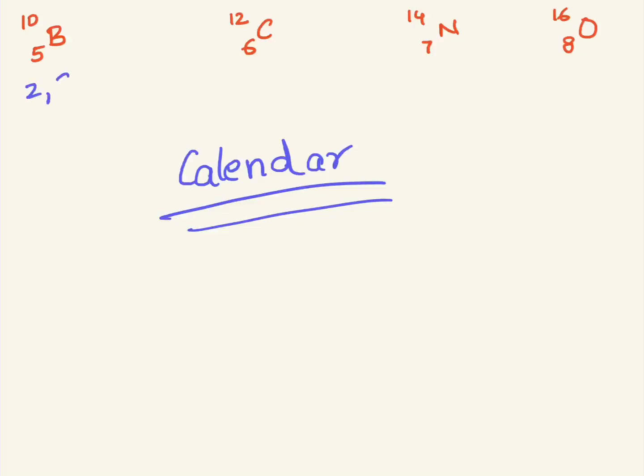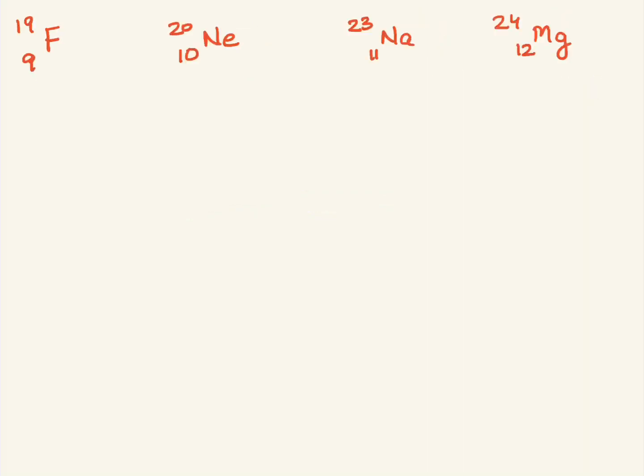So boron, carbon, nitrogen, oxygen, go ahead, fluorine, neon, sodium. Yes, in the case of sodium, please be careful not to write 2 and 9 because the maximum capacity of the second orbit is 8. So it's 2, 8 and 1.